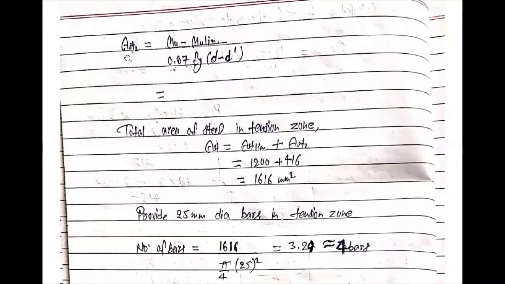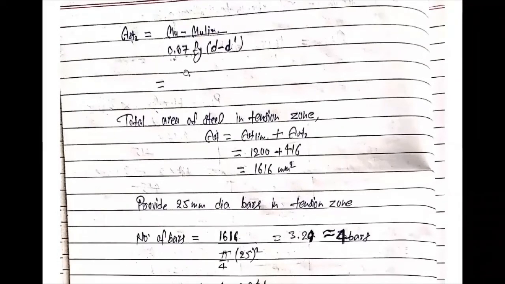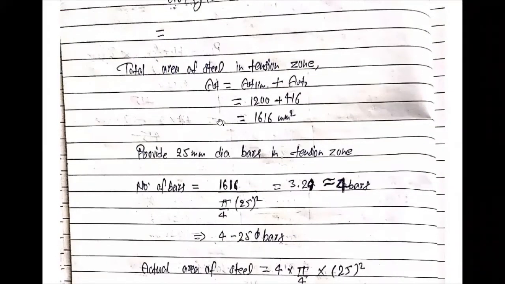Area of steel under tension 2, Ast2, can be found using the formula (Mu minus Mu limiting) upon 0.87 fy (d minus d dash). I have not calculated this value here, but it comes out to be 416 mm square. The total area of steel in tension zone, total Ast, is Ast1 plus Ast2, so 1200 plus 416 comes out to be 1616 mm square.